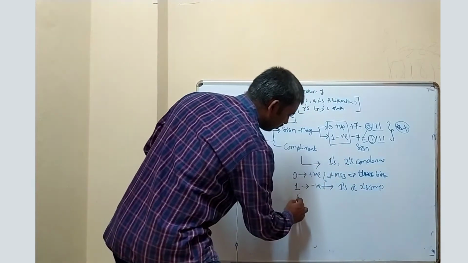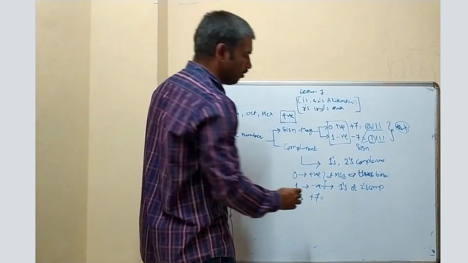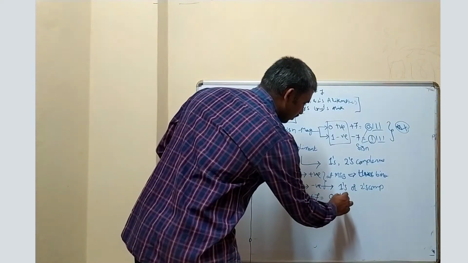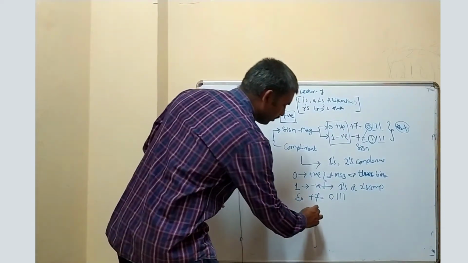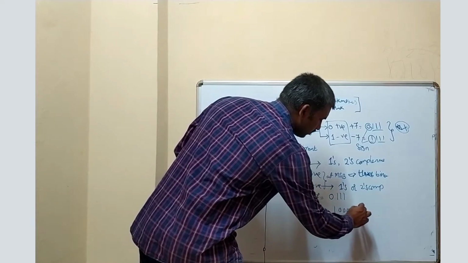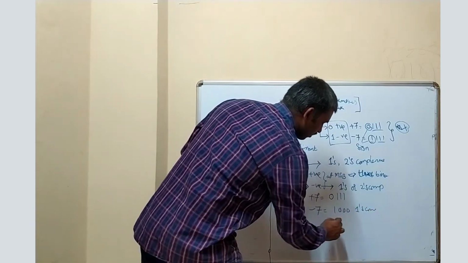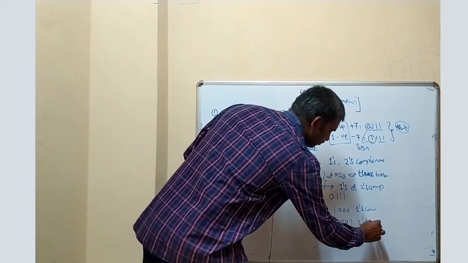Let's take a simple example. Plus 7 will be 0, 1, 1, 1 in the normal way, but minus 7 will be 1, 0, 0, 0 in the 1's complement system, and 1, 0, 0, 1 in the 2's complement system.